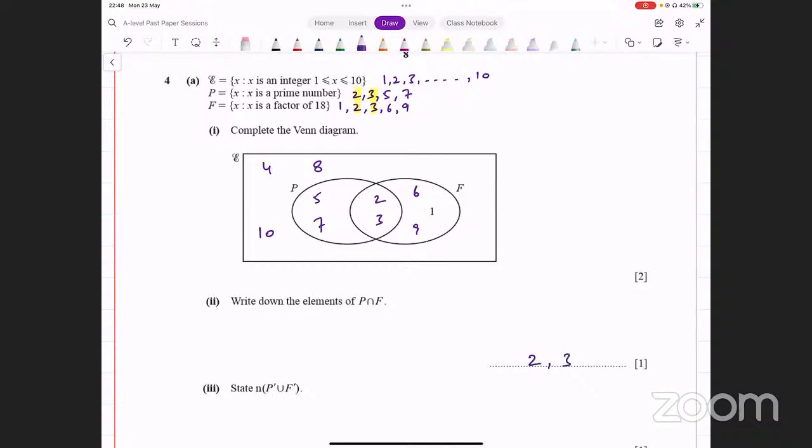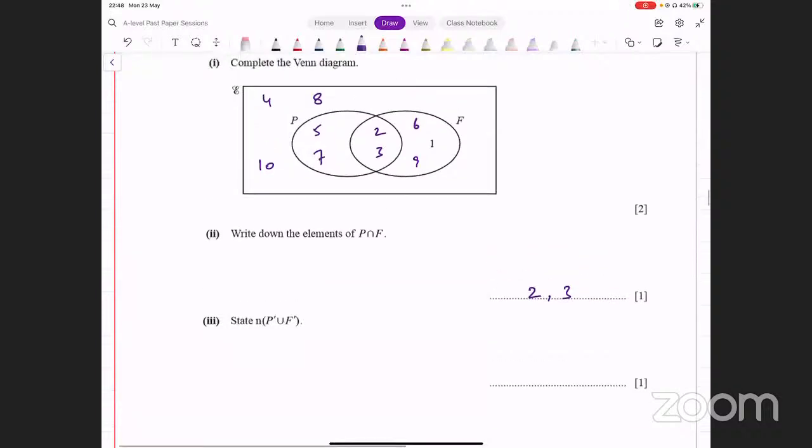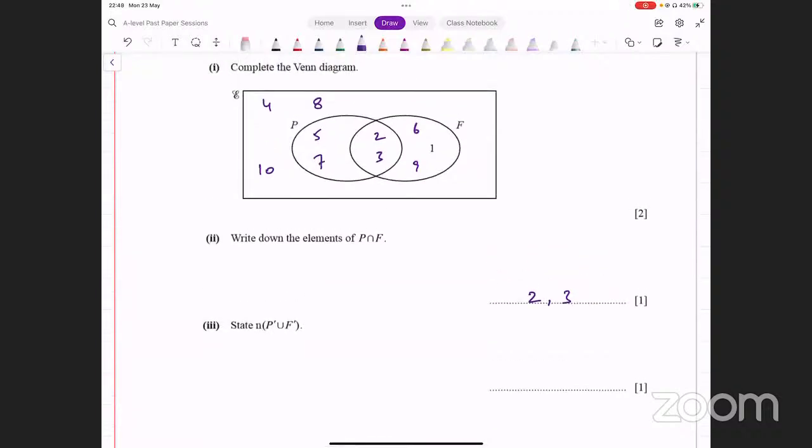ये दो elements आपके. अच्छा, now it says state n of P complement union F complement. What does that mean? n का मतलब होता है number of elements.